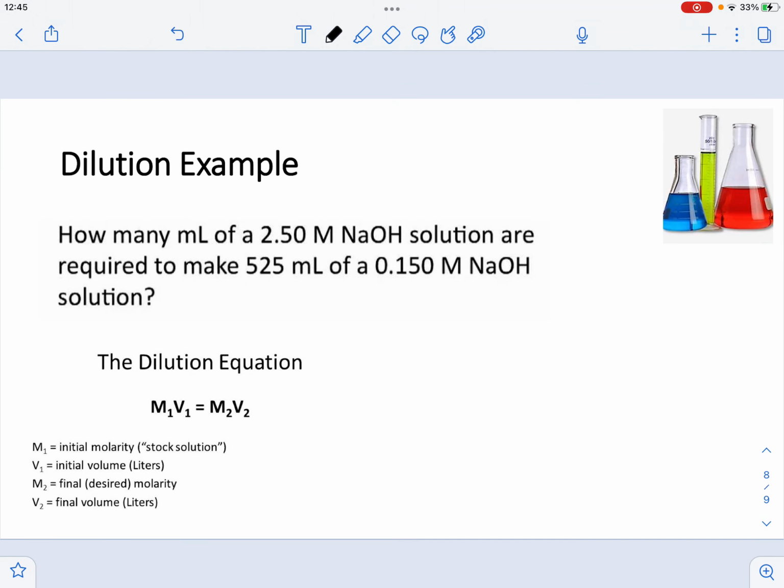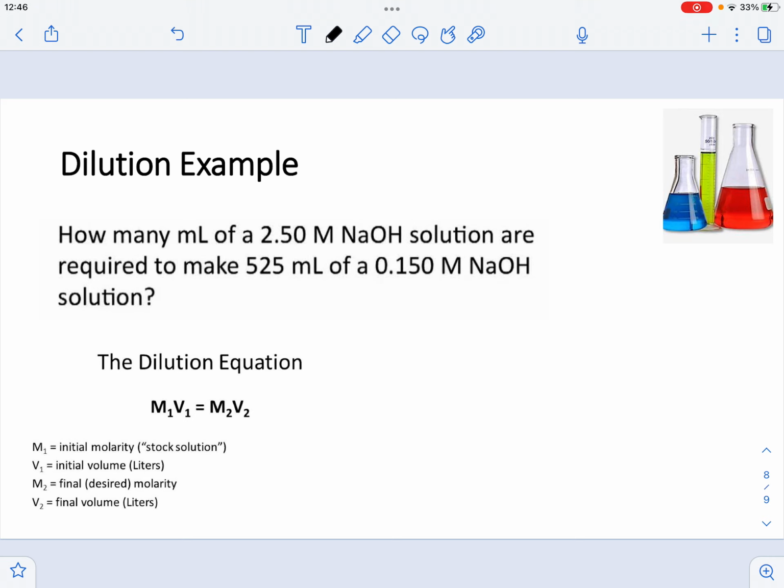In this dilution example, the problem reads as follows. How many milliliters of a 2.05 molar NaOH solution are required to make 525 milliliters of a 0.150 molar NaOH solution?